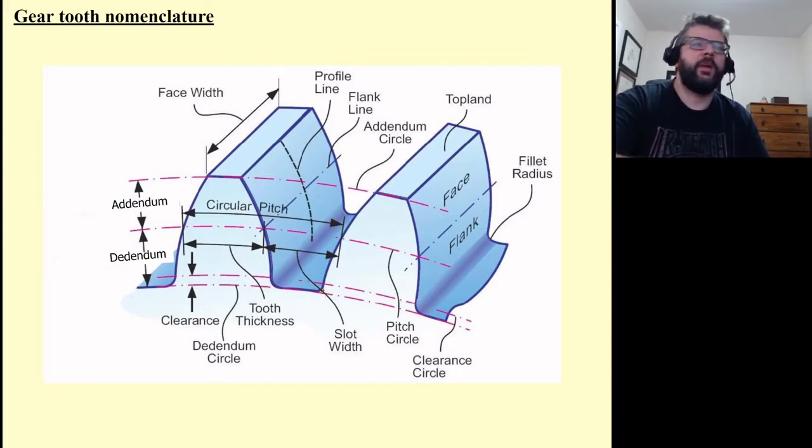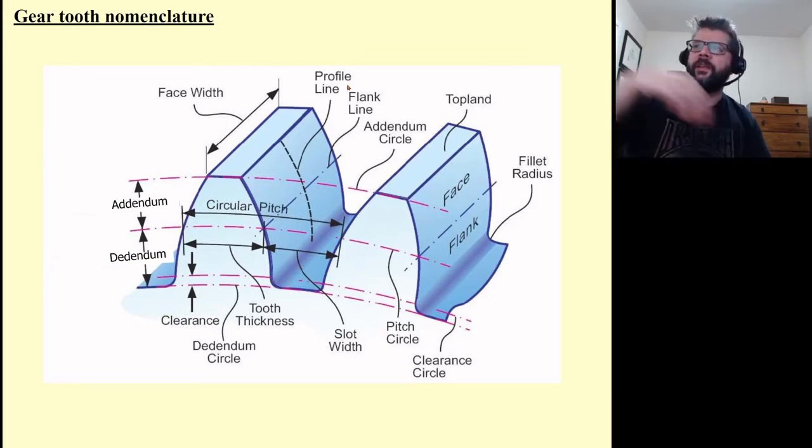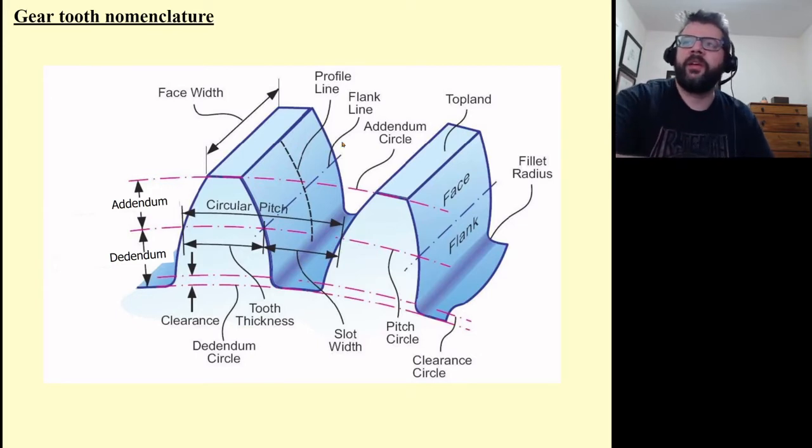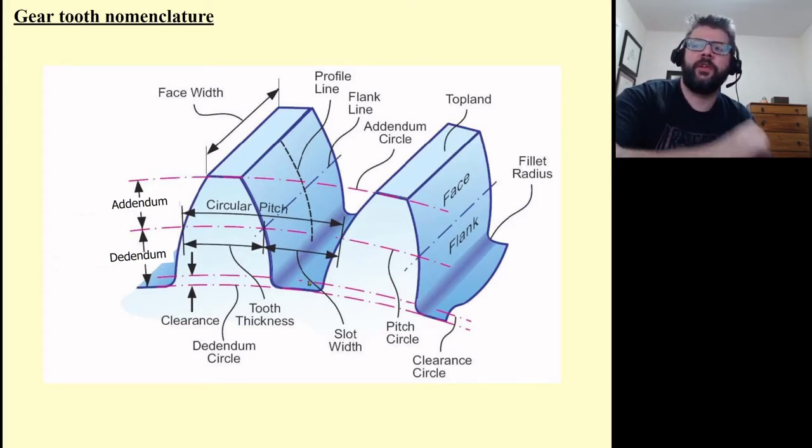So this little gap here is the clearance. For meshing, what you don't want is any of the other teeth coming into contact any further down than the start of the involute profile.